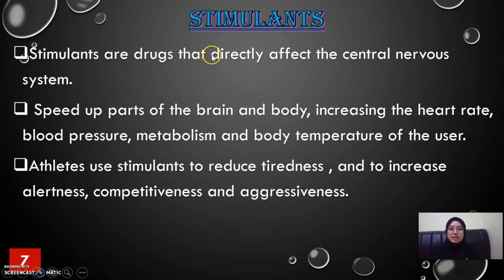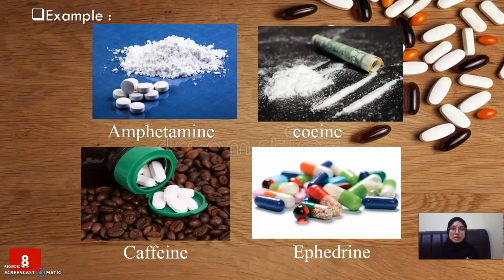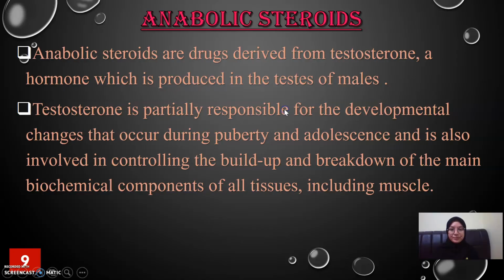Stimulants are drugs that directly impact the central nervous system, speeding up parts of the brain and body, and increasing the heart rate, blood pressure, metabolism, and body temperature of the user. Athletes use stimulants to reduce tiredness and to increase alertness, competitiveness, and aggressiveness. Okay, this one is an example for stimulants.